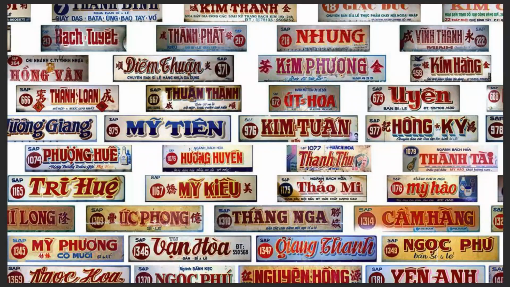So this is a hand painted vintage Vietnamese storefront. You can see, from what you already saw in the alphabet, that now it has more annotation of tones and pronunciation.